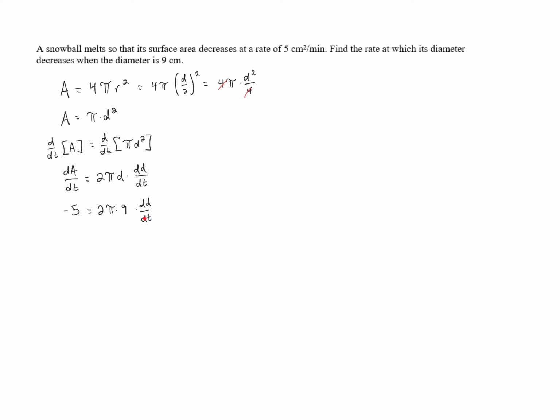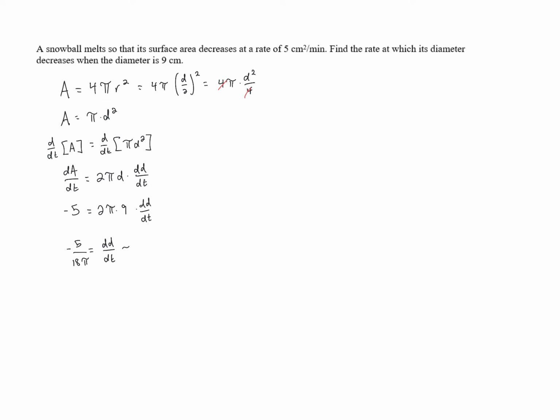If we want to get dd over dt alone, we've got to divide by this. 2 pi times 9 is 18 pi. So we divide both sides by 18 pi to get that derivative alone. So that gives us our dd over dt at that moment.